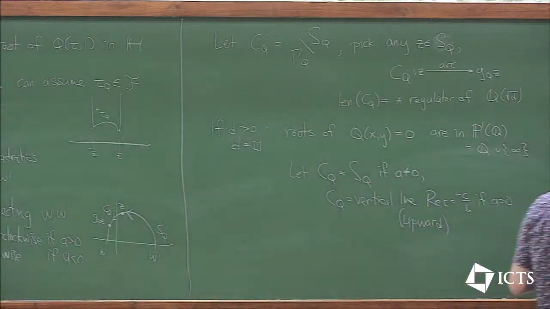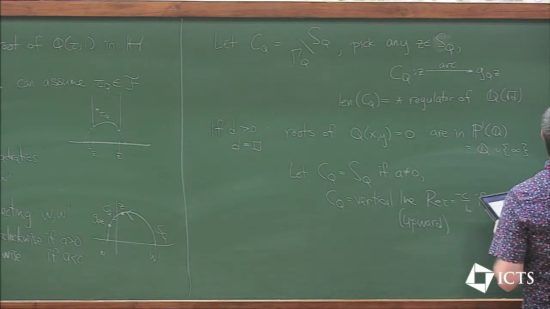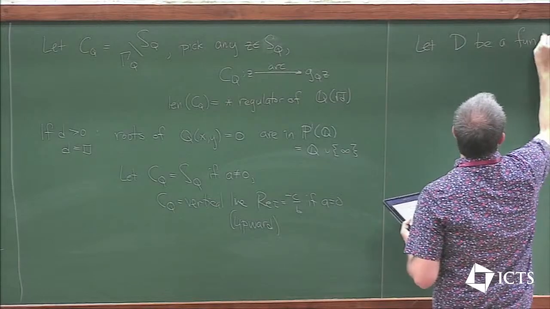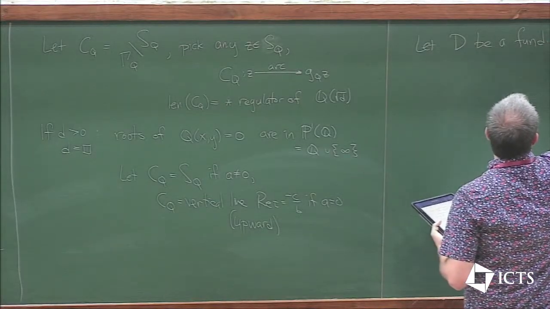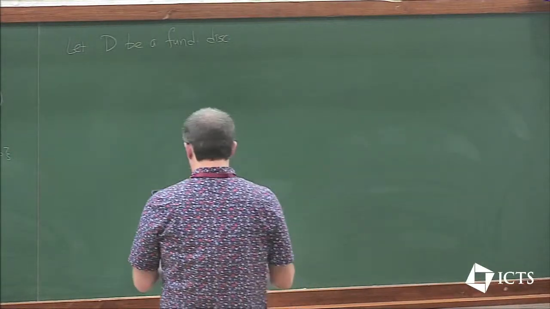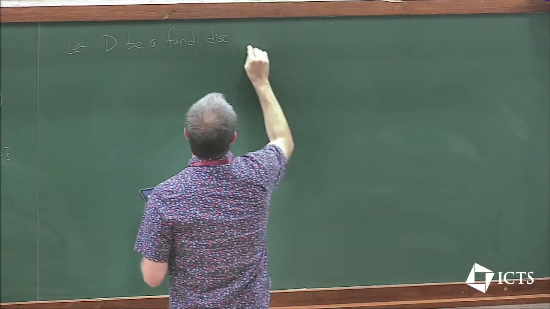Let's do some more setup. Let big D be a fundamental discriminant. This word has been used a lot, and I don't think anybody's defined it, so why don't I actually define it finally once and for all.